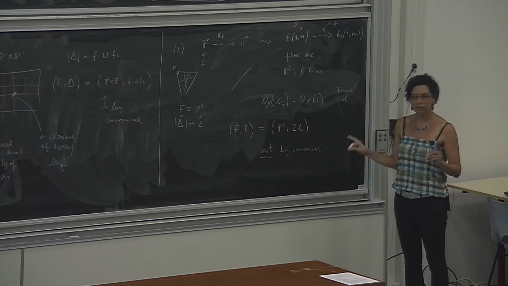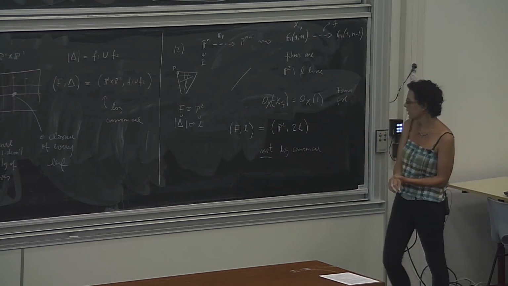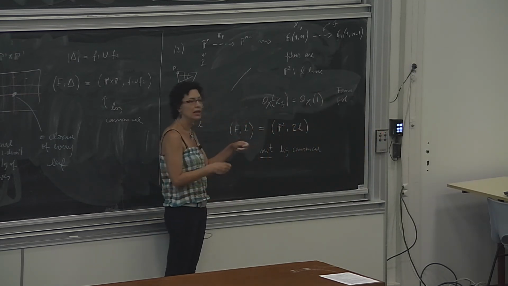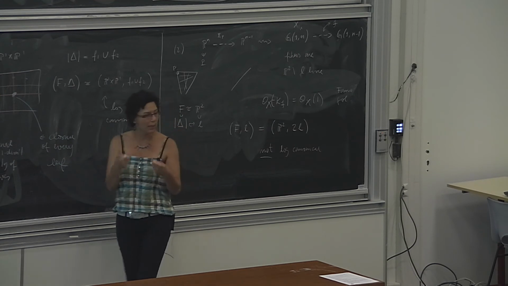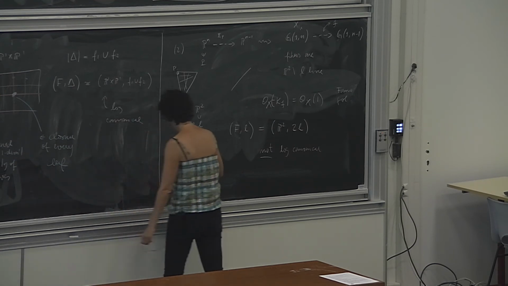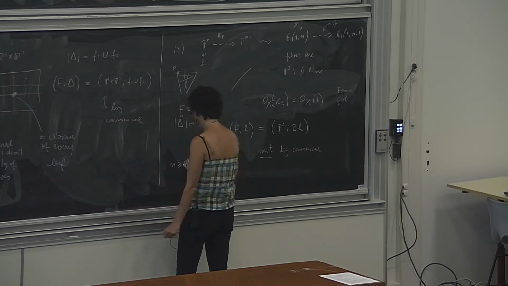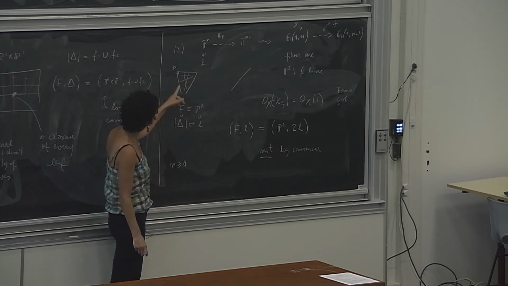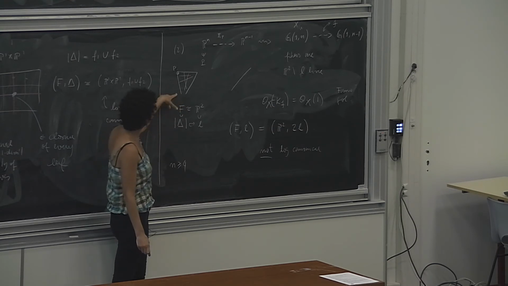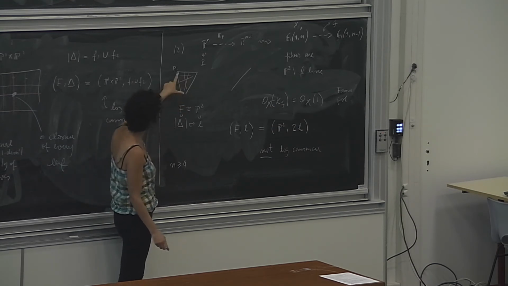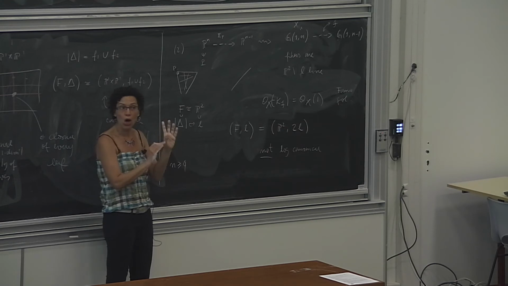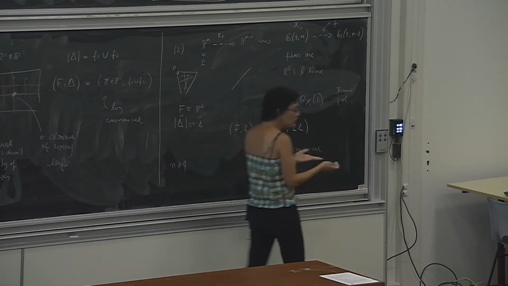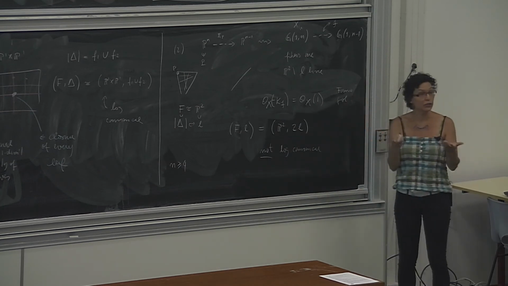And now we see a different behavior in this case. As always, a general point on the delta is in the closure of infinitely many leaves. But if I take n greater or equal than 4, what is the closure of a leaf? This is going to correspond to the P2 of lines in some P3 through this point. If I take two P3s that do not have any line in common, then the closures of the leaves do not intersect.